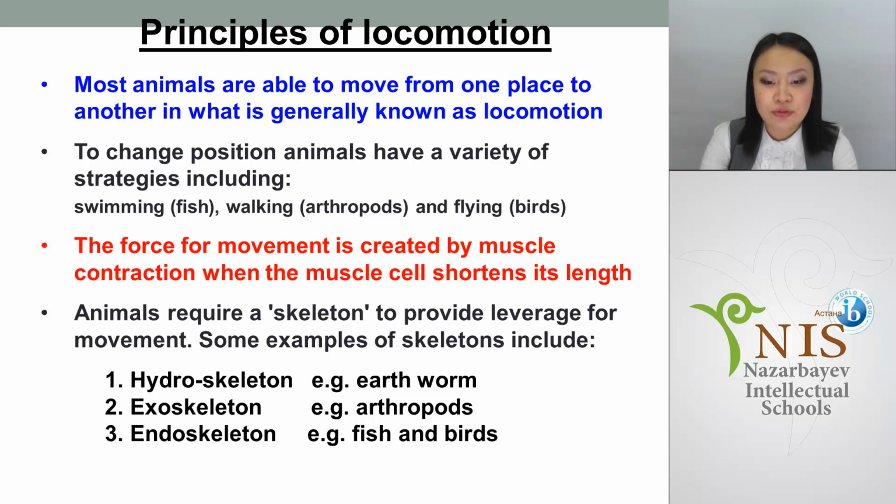The force for movement is created by muscle contraction, when the muscle cell shortens its length. Animals require a skeleton to provide leverage for movement. Some examples of skeletons include hydroskeleton in earthworm, exoskeleton in arthropods, and endoskeleton in fish, birds, and we humans, mammals.